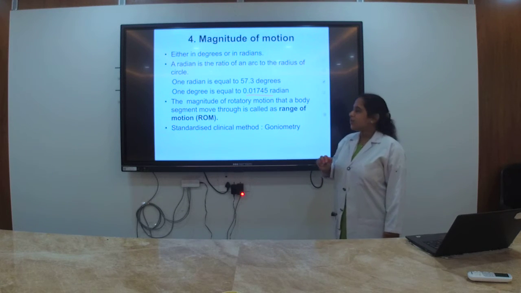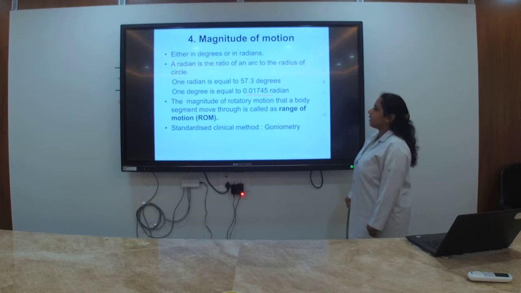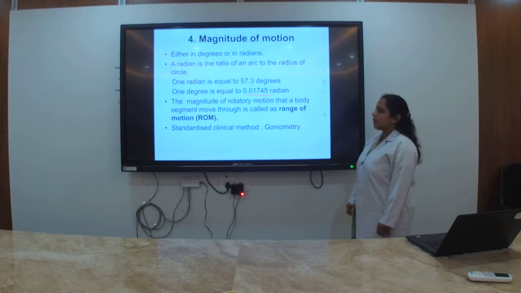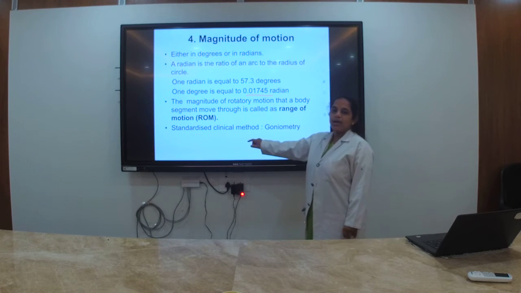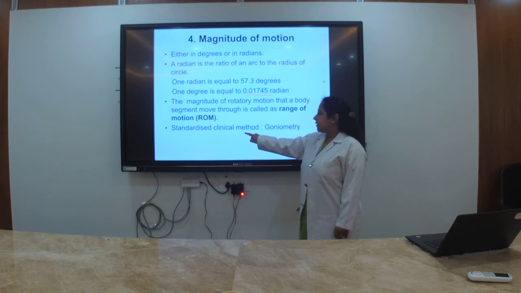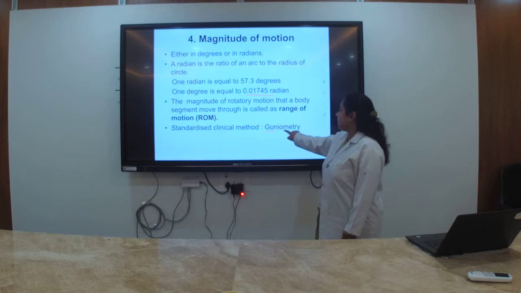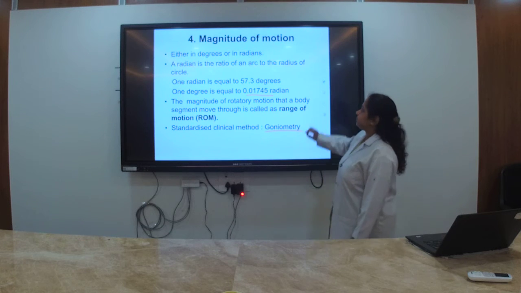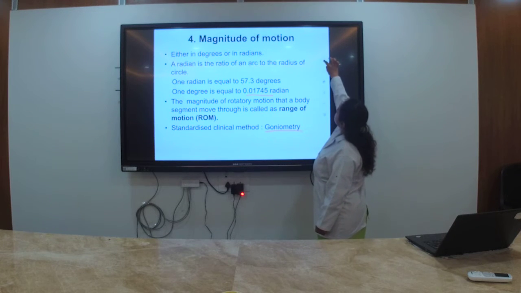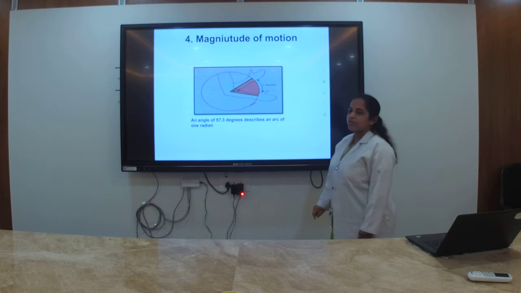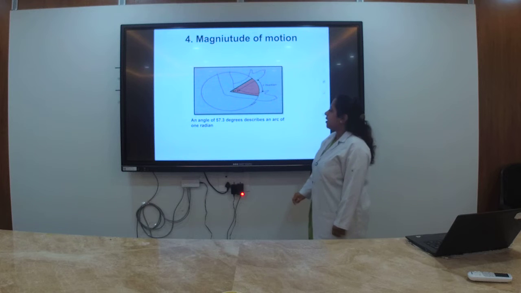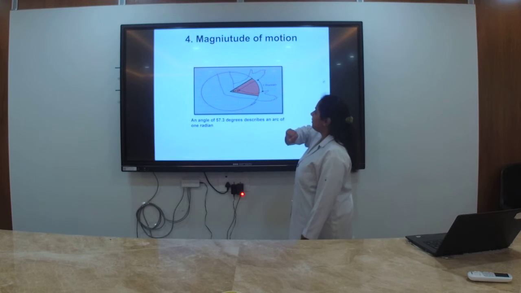The magnitude of the rotatory motion that a body segment moves through is called the range of motion, and it is measured in the standardized clinical method by goniometry. So this is one example of measurement of elbow flexion by use of goniometry.